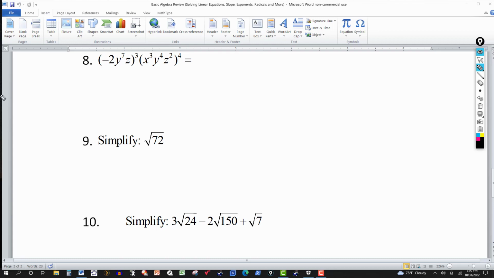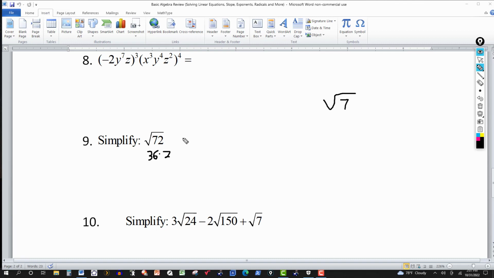Now, when they ask you to simplify a radical, in this case it's the square root of 72. So in other words, if they ask you to simplify the square root of 72, that will be simplified if this radicand doesn't have any factors that are perfect squares. Say, well, 72 is the same thing as 36 times 2.